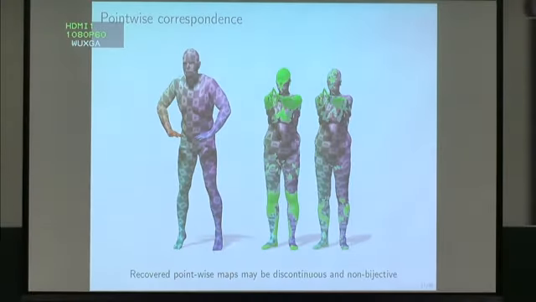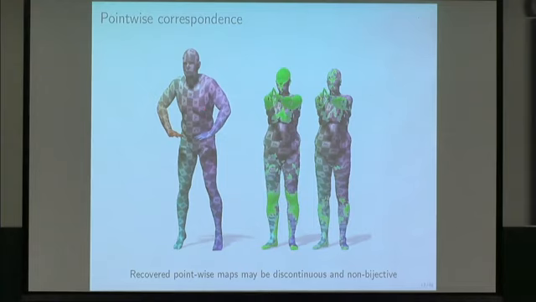So, for example, these are the outcomes of two common ways to recover pointwise maps. This is using ICP. This is using CPD, coherent point drift, basically doing rigid or non-rigid alignment in the spectral domain.